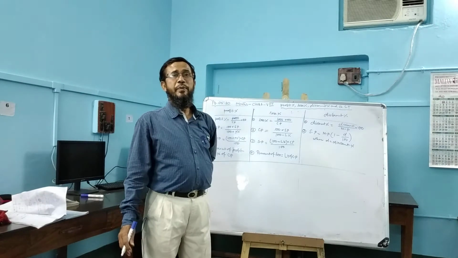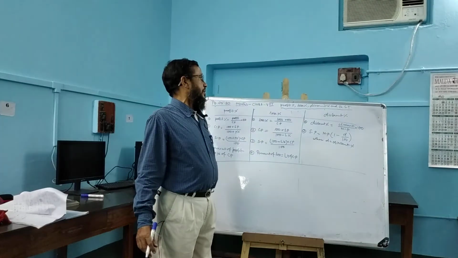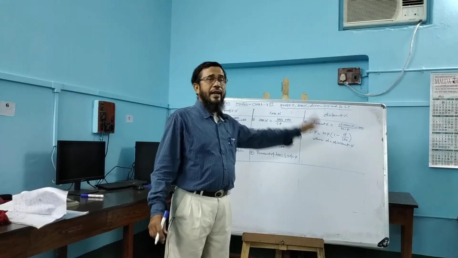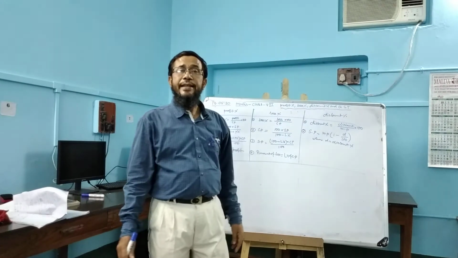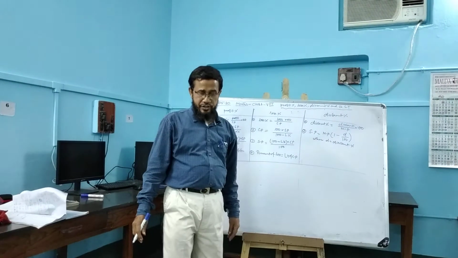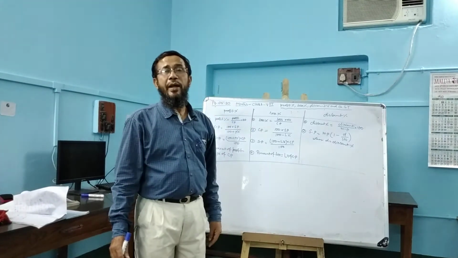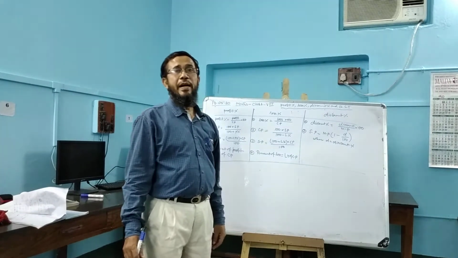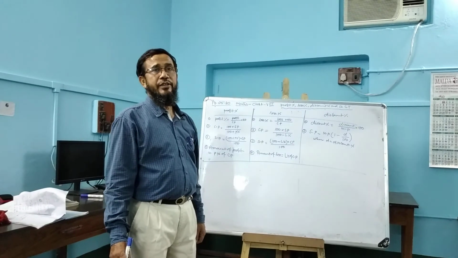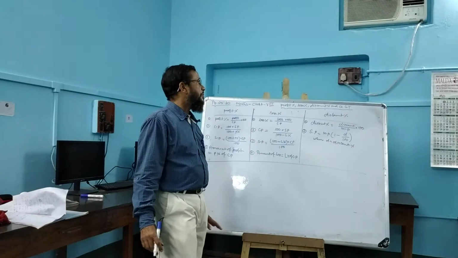This GST should be taken just like discount, not discount, tax, as tax, and this tax should be added with the printed price. That means printed price is named in different ways: mark price, catalog price, listed price, etc. It should be taken as mark price.